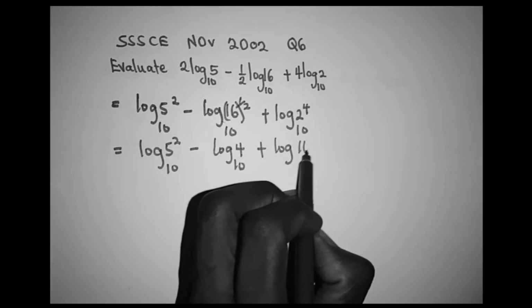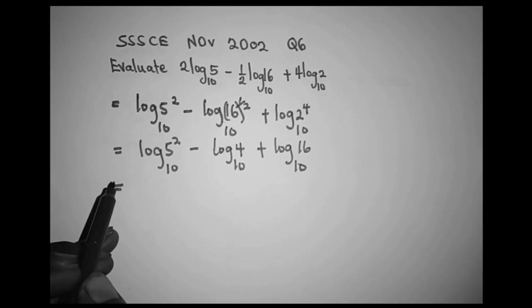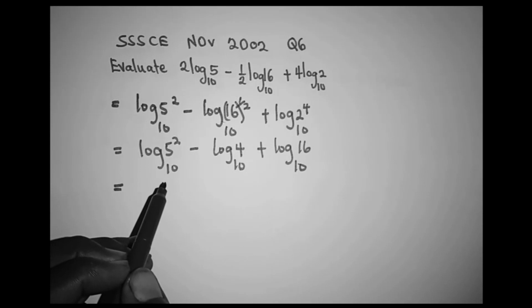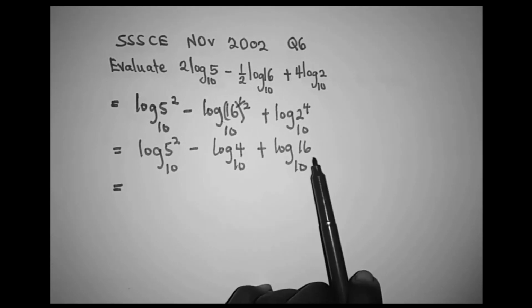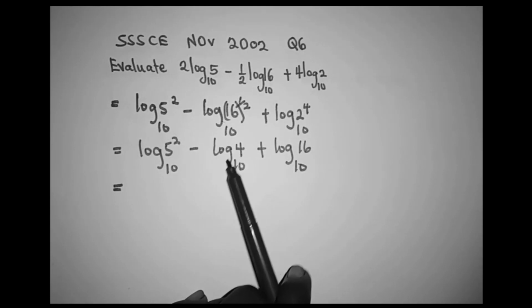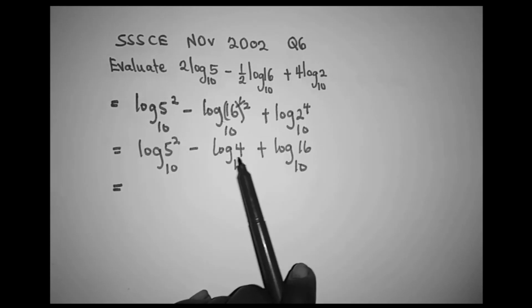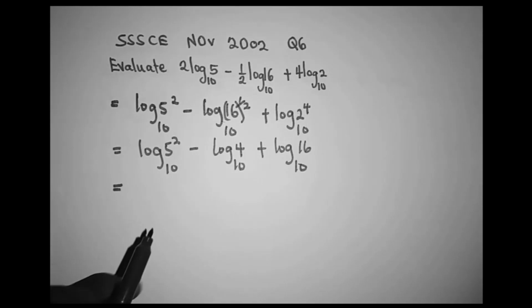So that becomes 16 base 10. So this is equal to, let's then write them as a single log. So this and this are added and subtracted from 4. So we'll multiply these two and divide by 4.